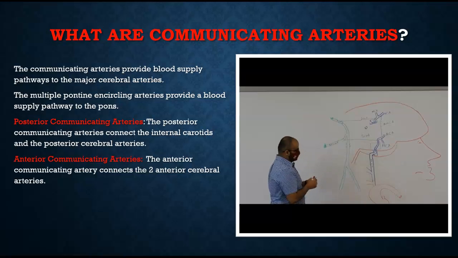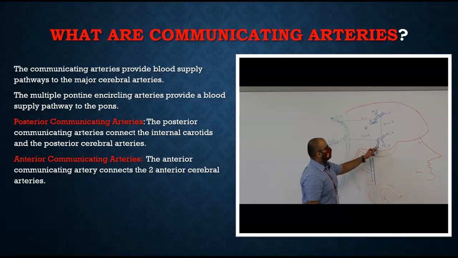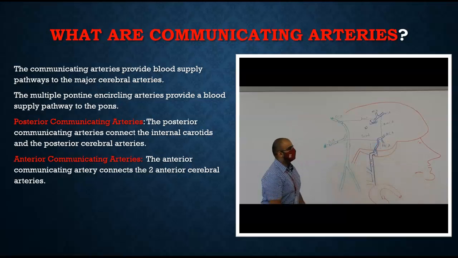Okay, so you see that the vertebral arteries come up, merge together to form the basilar artery. The basilar artery then divides into two terminal branches, the posterior cerebral arteries, which is PCA. Now the posterior system will communicate with the anterior system. How do they do it?